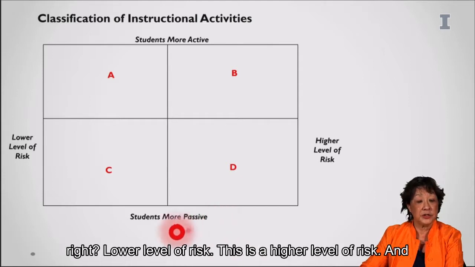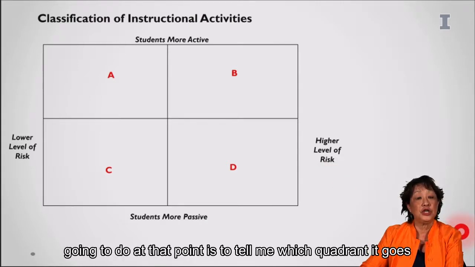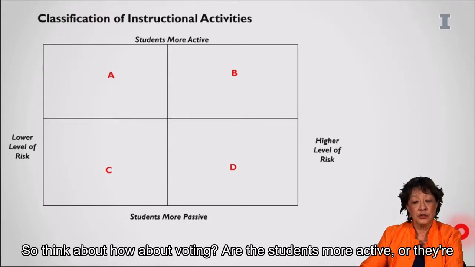What's on the left and the right? Lower level of risk. This is a higher level of risk. I'm going to give you a particular activity, and you're going to tell me which quadrant it goes into. So think about voting.